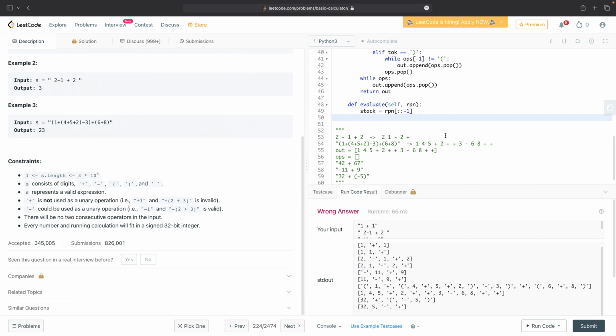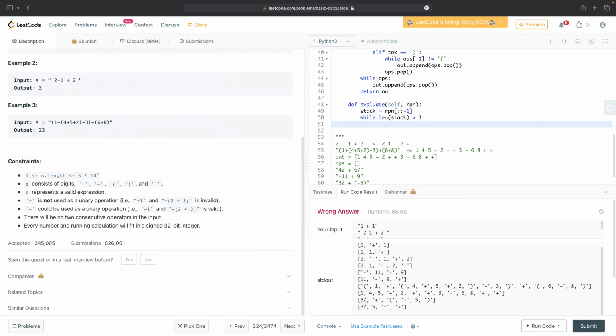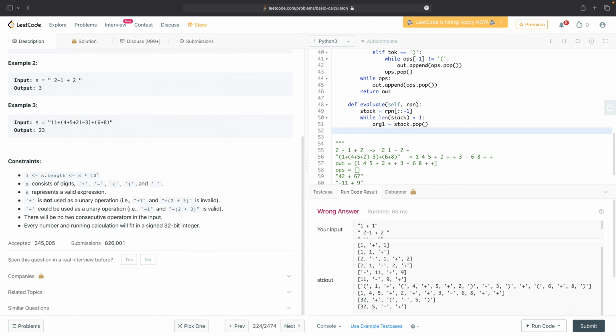So what I want to do is, while len stack is greater than 1, arg1 is equal to stack dot pop, arg2 is equal to stack dot pop.